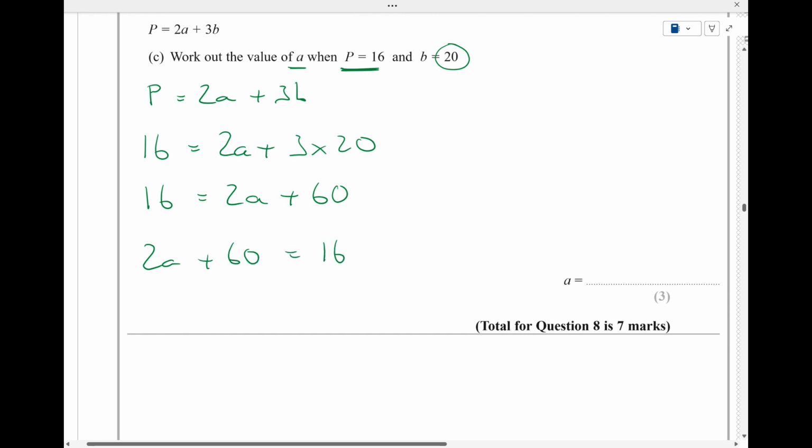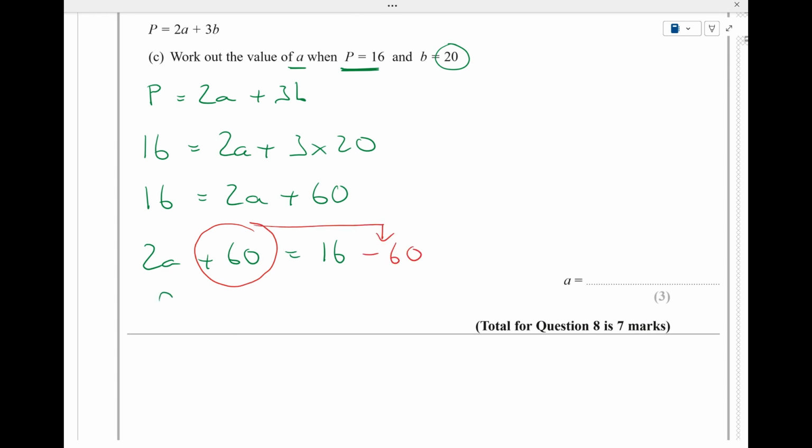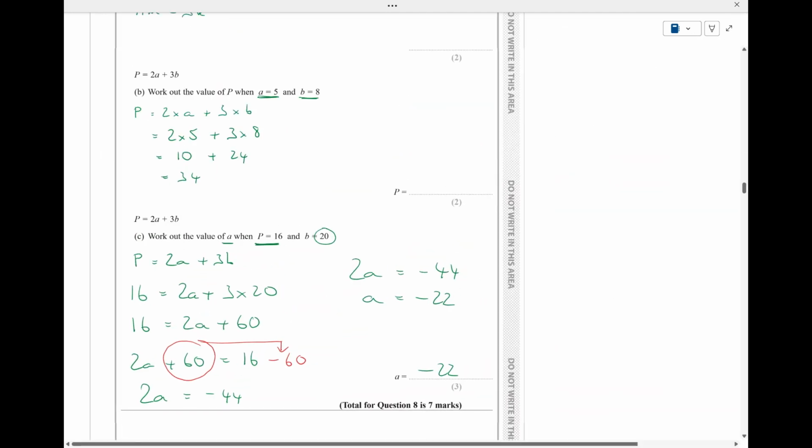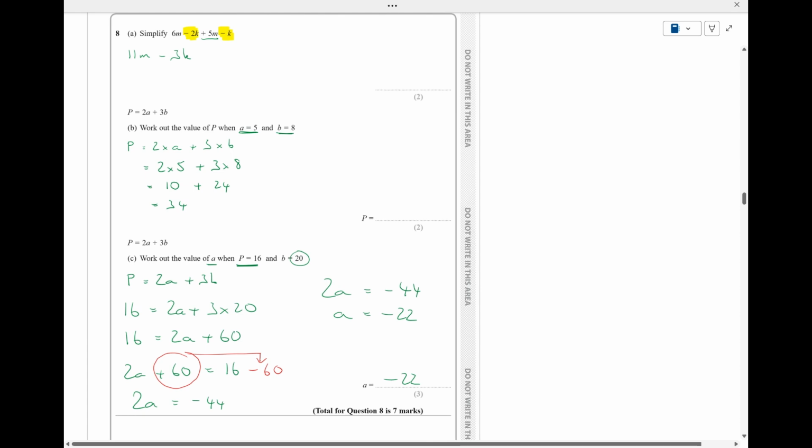Now, I like floating and pinging here. I'm going to float and ping the plus 60, so it becomes a minus 60. So now I've got 2A equals 16 minus 60, which is minus 44. So I know 2A is minus 44. Divide both sides by 2, and A is minus 22. And that is question 8 done.